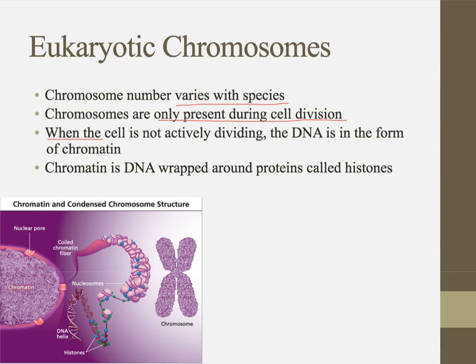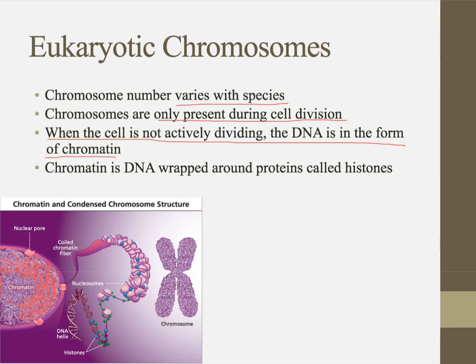When the cell is not actively dividing, the DNA is in a form called chromatin. So in most of the cell's lifetime, the DNA is going to be hanging out in this loose, unorganized, well, slightly organized, but not coiled form called chromatin.